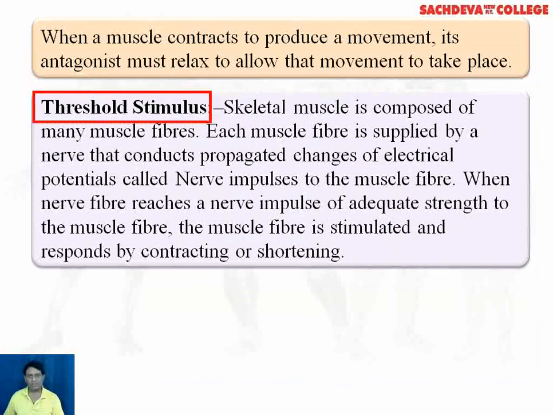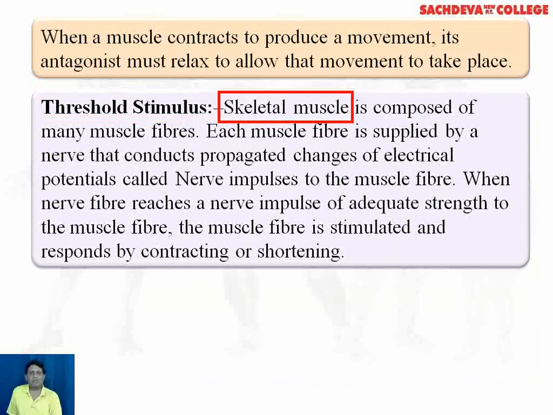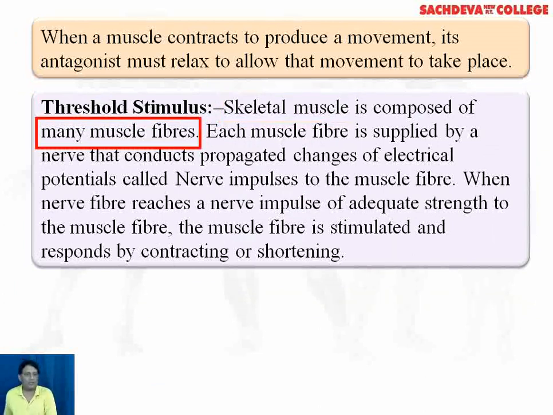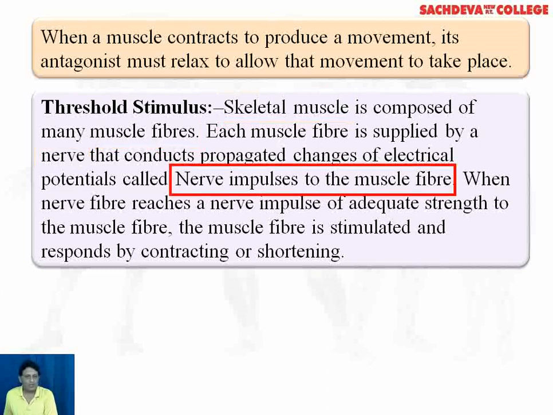The threshold stimulus. Skeletal muscle is composed of many muscle fibers. Each muscle fiber is supplied by a nerve that conducts propagated changes of electrical potential, called nerve impulses, to the muscle fiber.